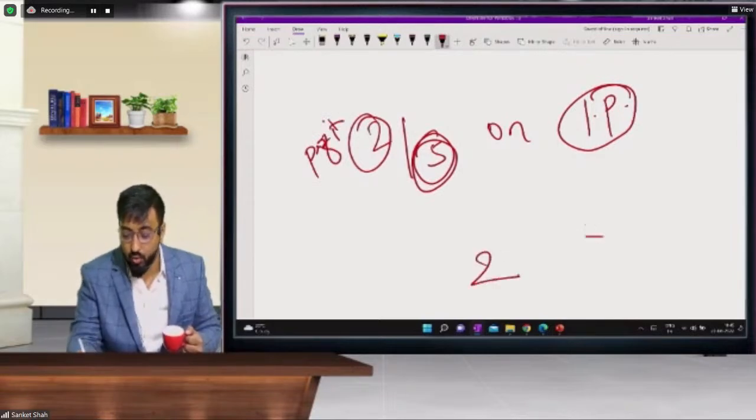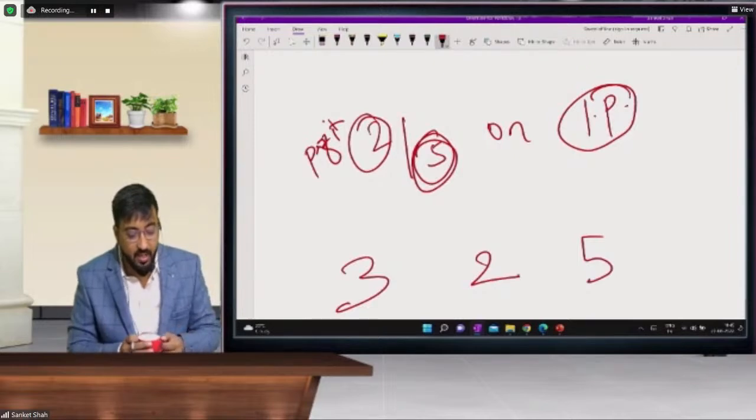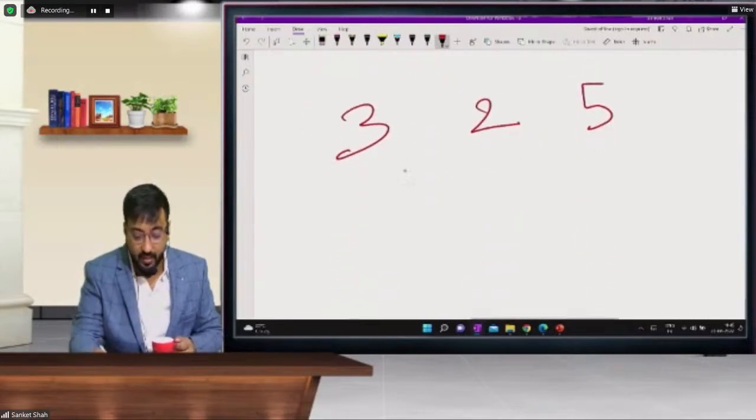So 2, I will write 5 here and 3. So the sequence is 3, 2, 5. So this is 2/3 on cost.